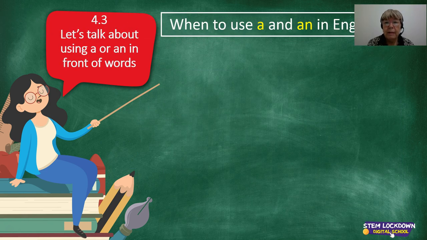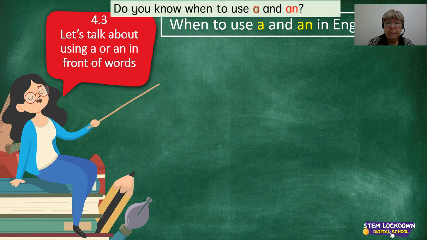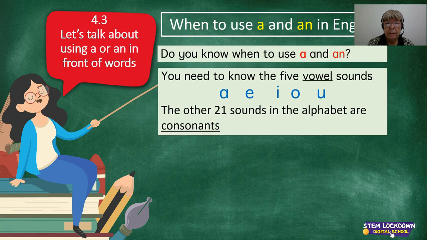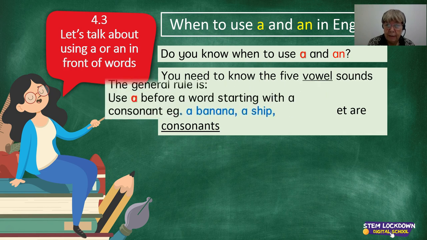This is about using a or an in English. You remember we did that on Wednesday. So, do you know when to use a or an in front of a noun? Well, you need to know that the 5 vowel sounds are A, E, I, O, and U. Okay? And you also need to know the other 21 consonants in the alphabet in order to do this activity.